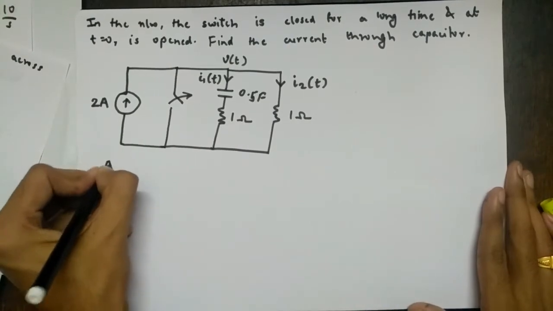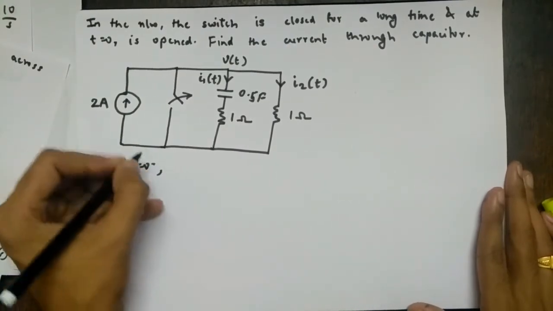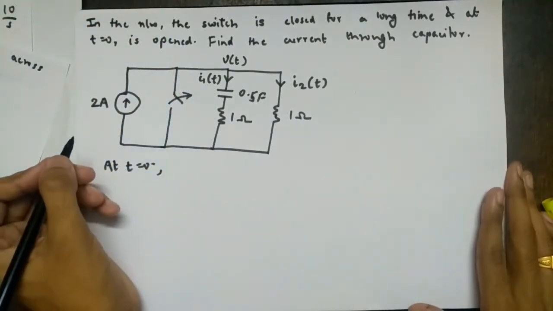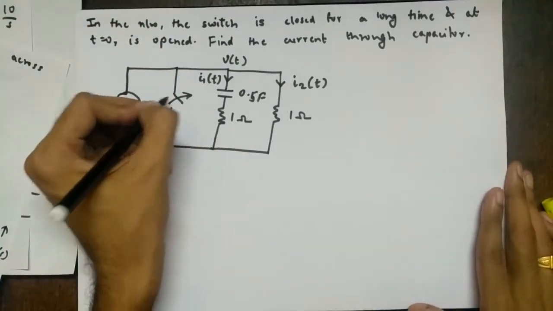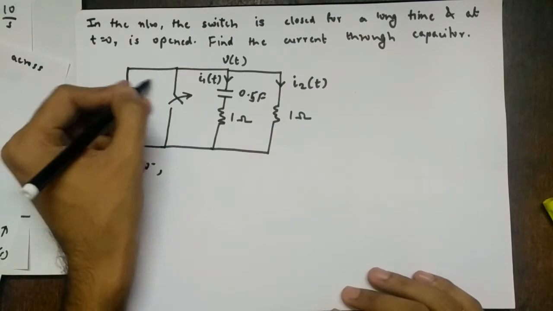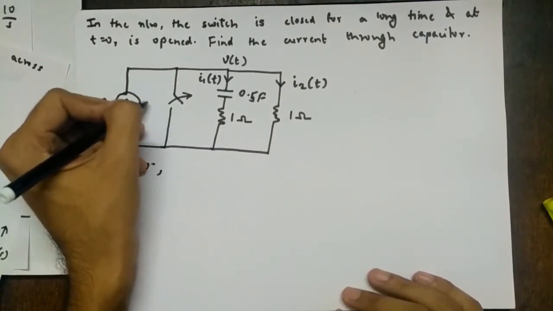So again at t equal to 0 minus, what is happening to the switch? It is closed, right? So what will happen, can you tell me, if it is closed? If this is closed, entire current will flow here only, right? So what will happen?